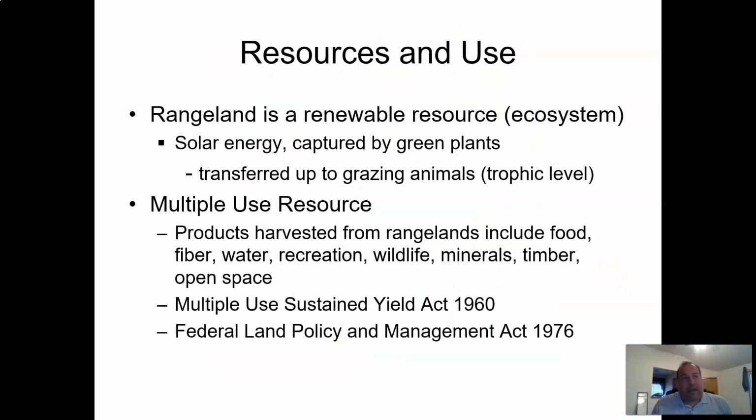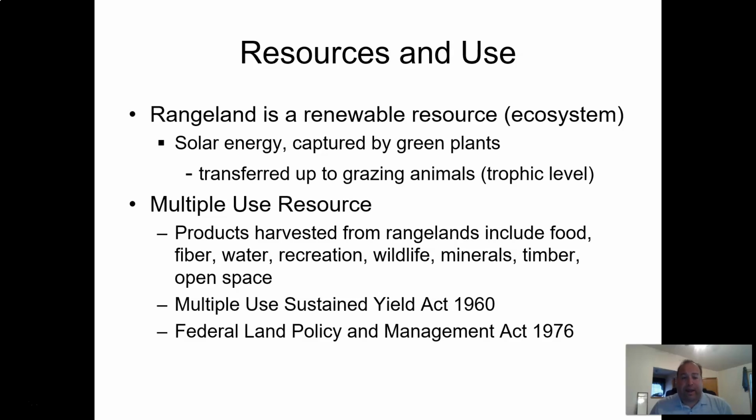So how is rangeland used, or why is it important to us? Rangeland itself falls into the renewable resource category under ecosystems, the whole idea of the rangeland working together as an ecosystem. These areas are important because they capture solar energy with the plants they have.